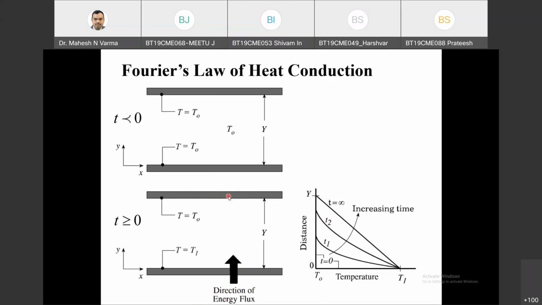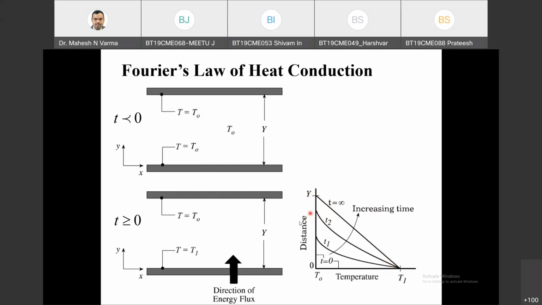Once steady state is achieved, some energy is removed so that the upper plate is kept at temperature T0. So this will be the temperature profile at steady state, and we are interested in this steady state temperature profile only. We will not go into the details of the transient temperature profile.